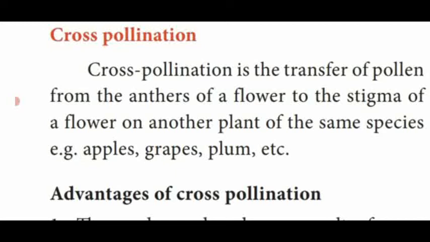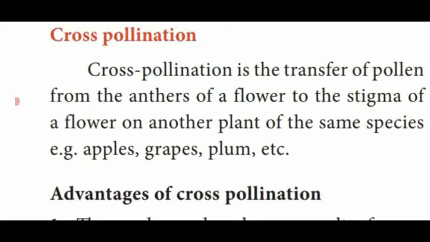For example, 2 hibiscus plants, one potted plant, another potted plant, but both of them are the same species. From pot A, the hibiscus plant flower transfers the pollen grains to the stigma of the pot B hibiscus plant flower.